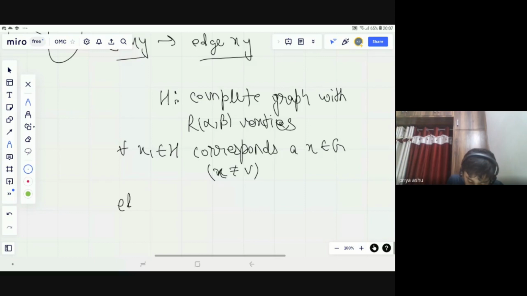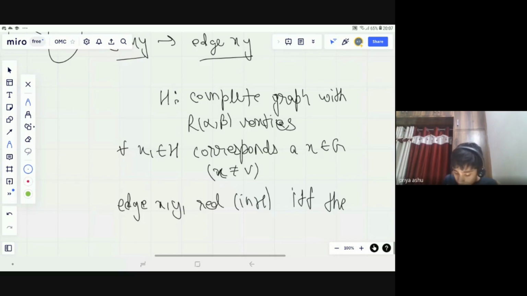We color the edge x1 y1 red in H if and only if the triangle VXY is red in G, where x is the corresponding vertex of x1 in G and y is the corresponding vertex of y1 in G.